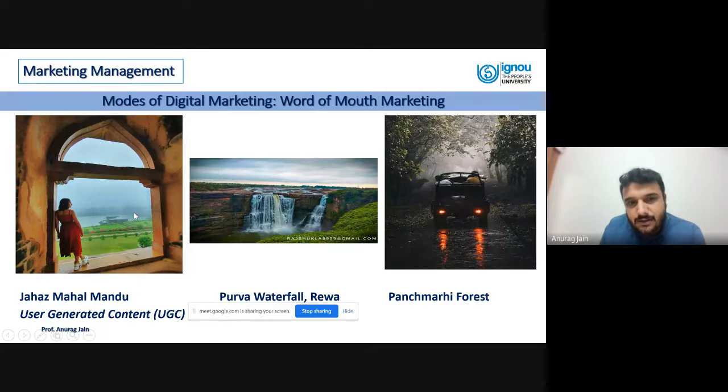They put all these pictures on their social media handles and website, so that people can actually see it. And very interestingly, they tagged all the people who actually shared these photographs. And there was a contest. The top right picture which you are seeing is the first prize winner of this particular contest.